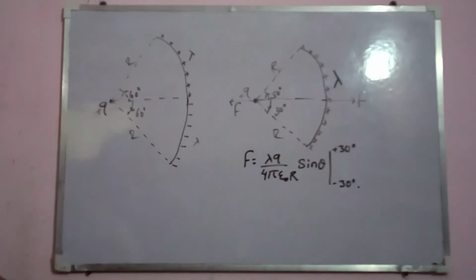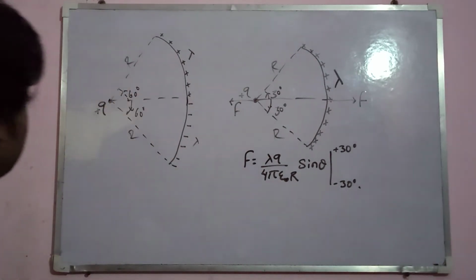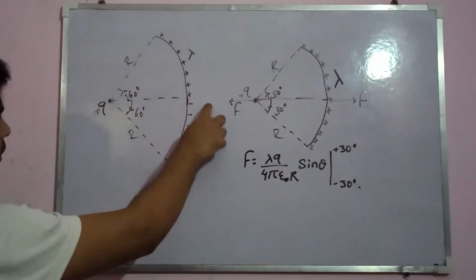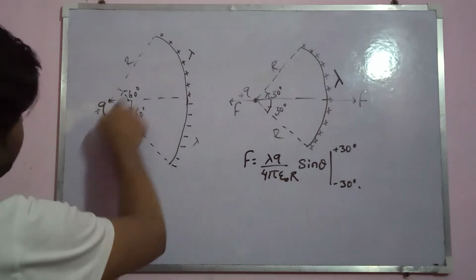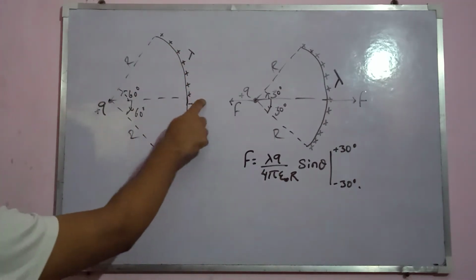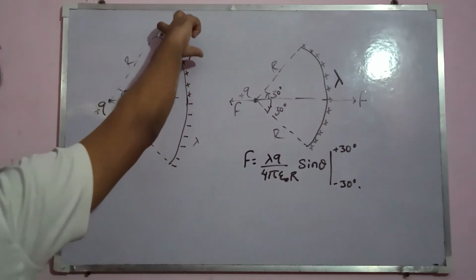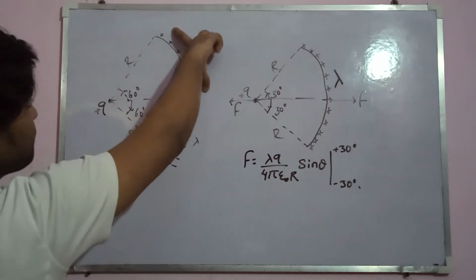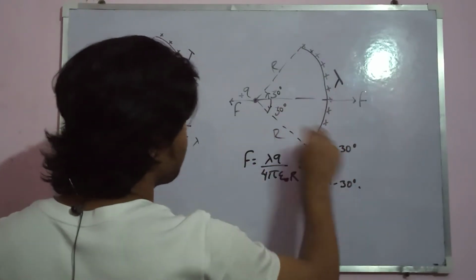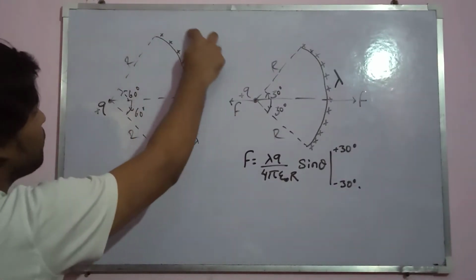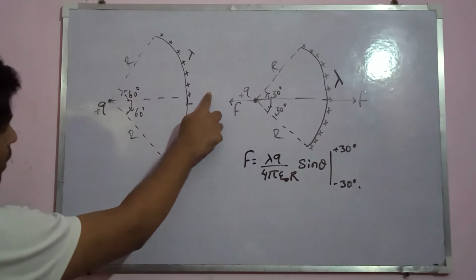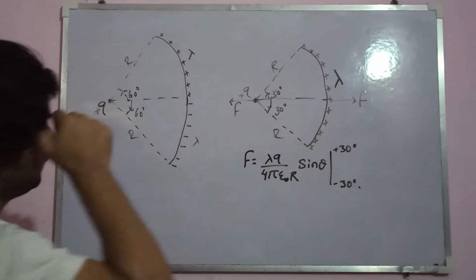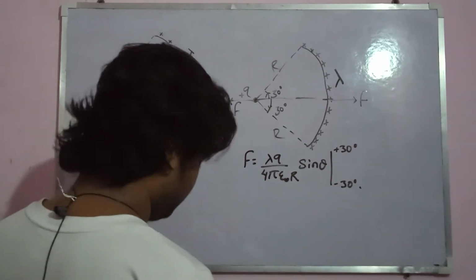This part is clear. Now I'm going to solve this problem. Here there are two different linear charge densities. This is positive lambda, this is negative lambda. This is plus q. I need to find the force exerted by this setup over this charge. First, take this setup. This is making 60 degrees. And if I take this part separately, the force exerted by only this positive part over this charge will be this value. Let me solve this.